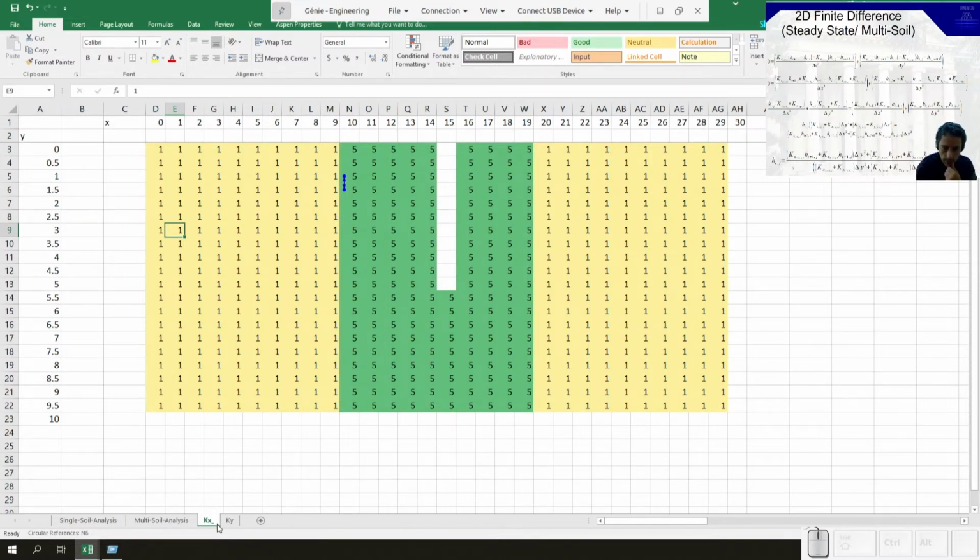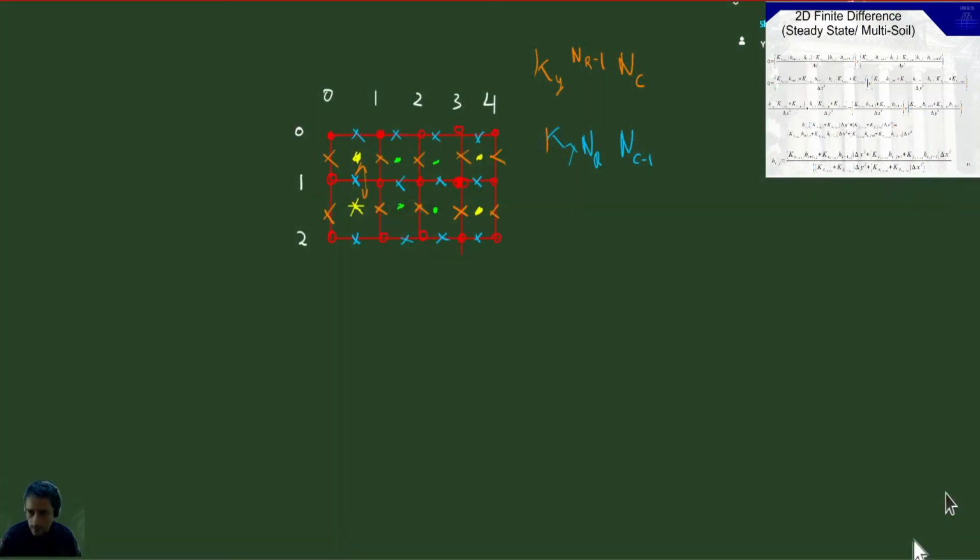Okay, so we have kx, okay, so kx must be based on the average of the vertical neighbors.